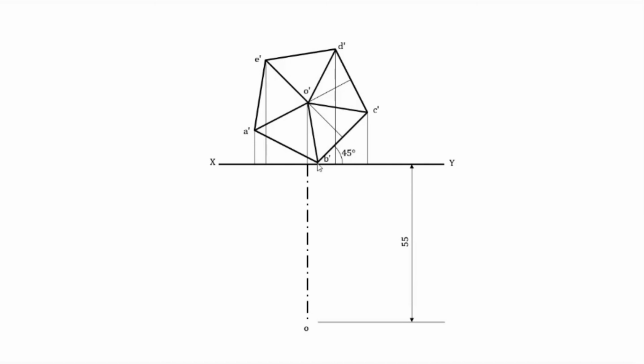Then the points A, B, C, D and E are obtained in the top view. They will be on the XY line, since the base ABCDE is coinciding with the VP. The top view of that particular base should be on the XY line itself. So A, B, C, D and E are found on the XY line.